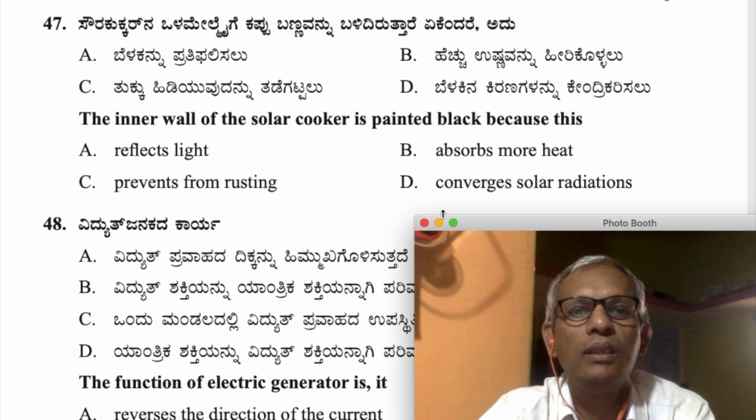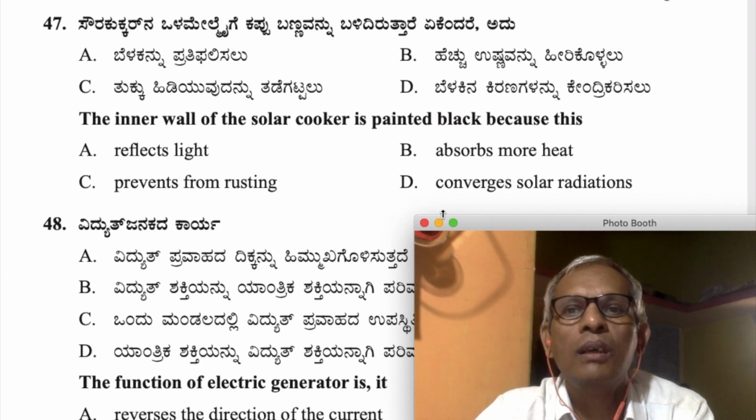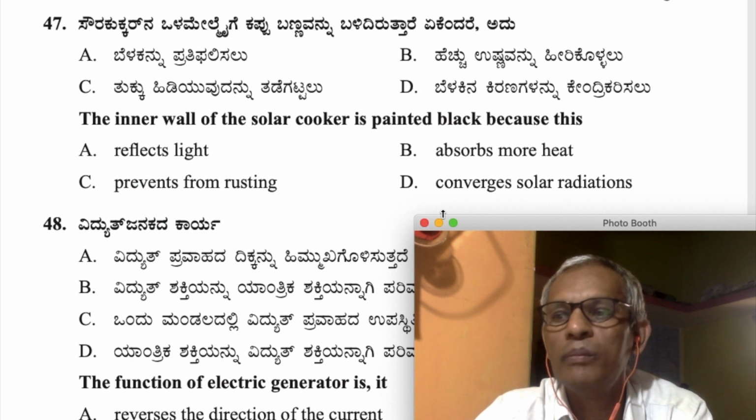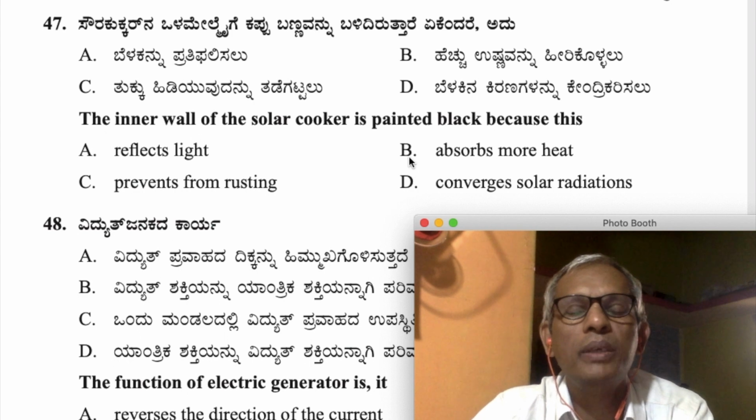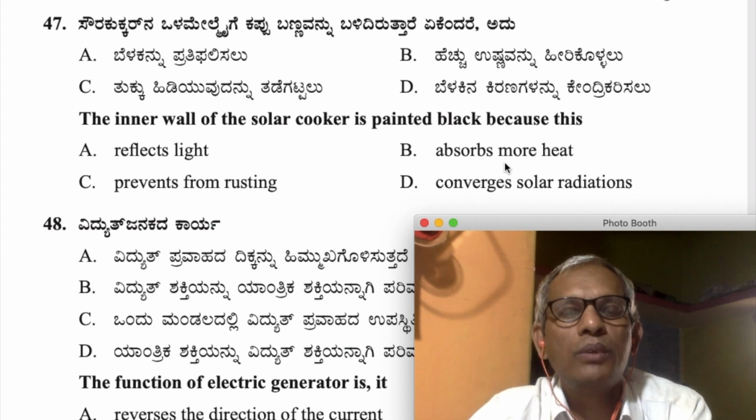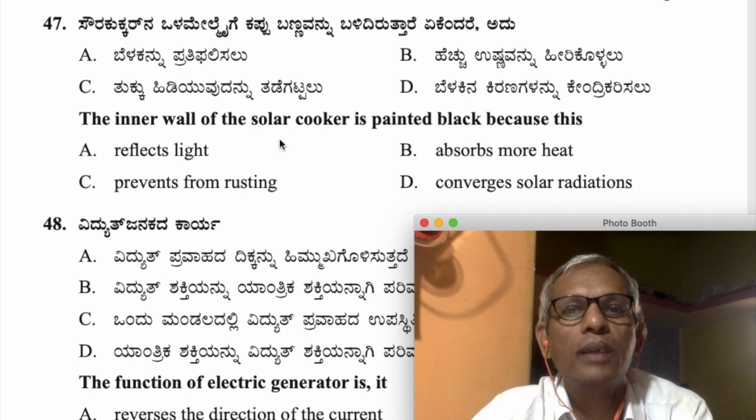In a solar cooker we have to absorb more heat so that it can easily cook the food placed in the cooker.